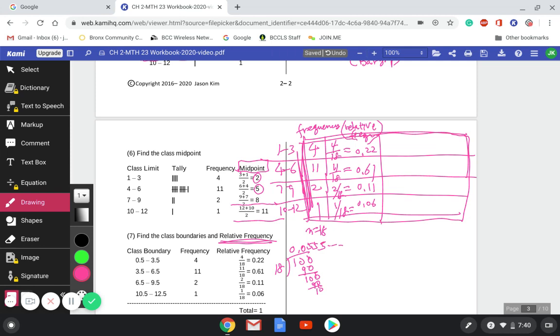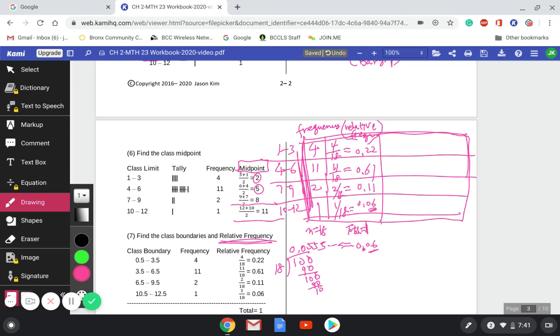So what you do is usually round off by 2 digits after decimal. So when you do that, you got 0.06. So when you add all this, you end up with a 1. So you write down total equal 1.